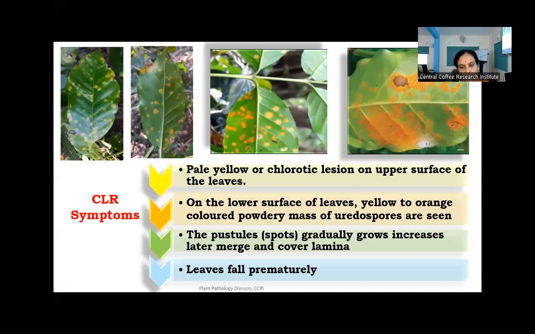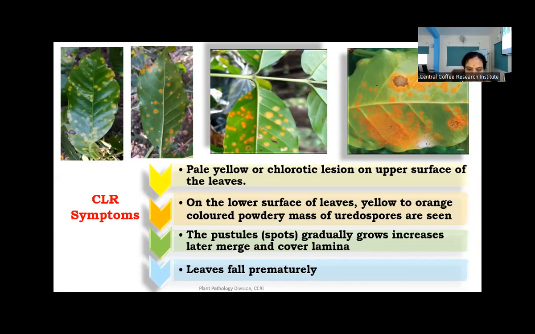As all of us know, since it is a very old disease, the symptoms are typical pale yellow or chlorotic lesions on the upper surface of the leaves. On the lower surface of the leaves, we will observe a yellow to orange colored powdery mass, like a dust deposit of orange deposits.